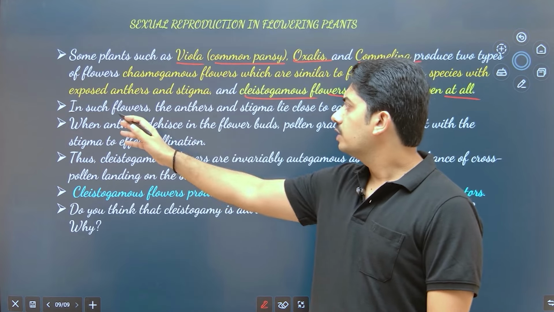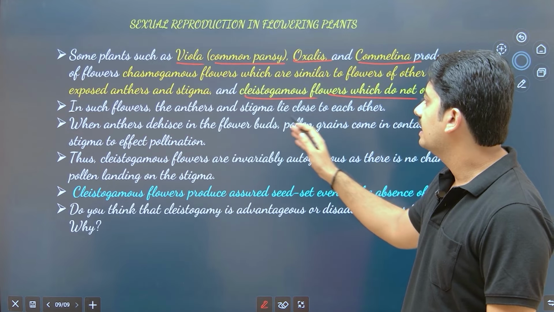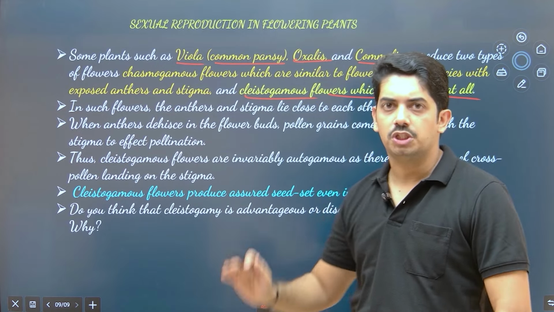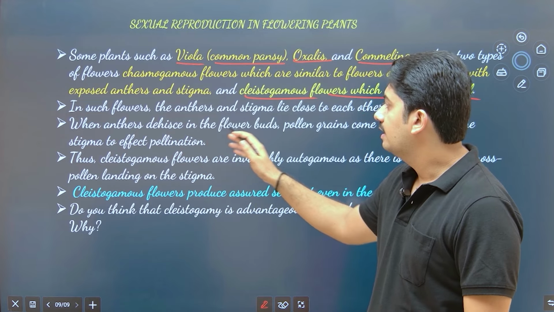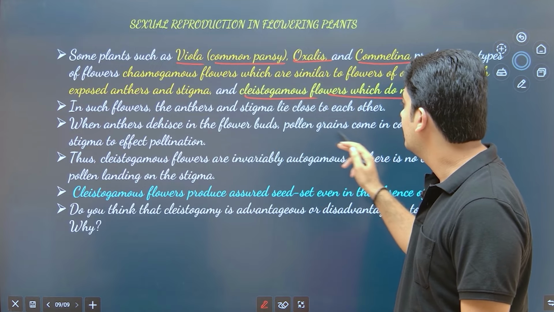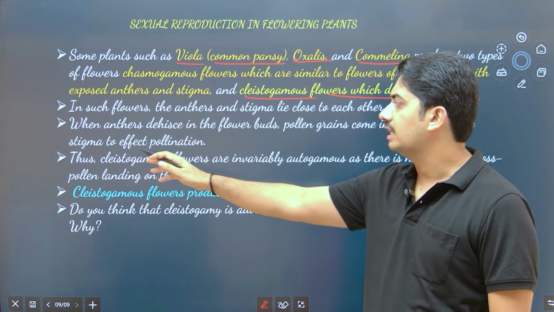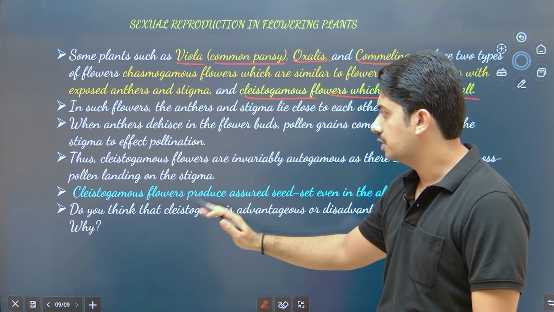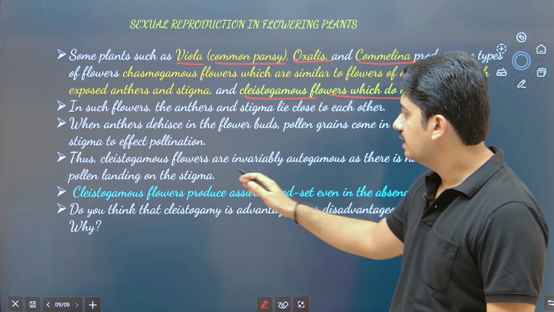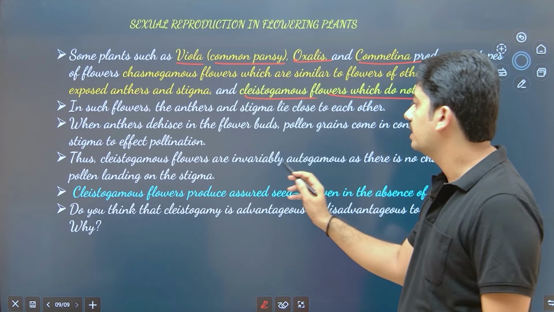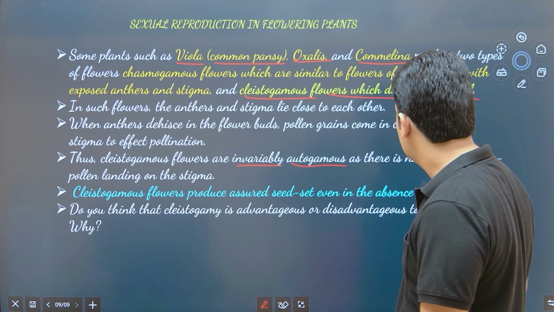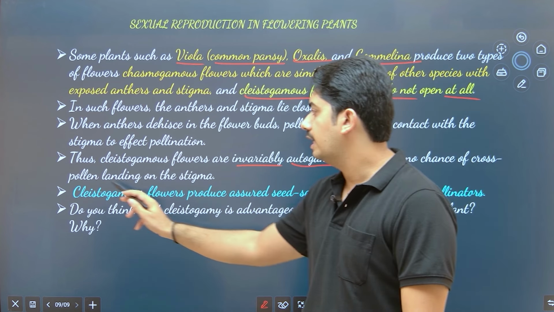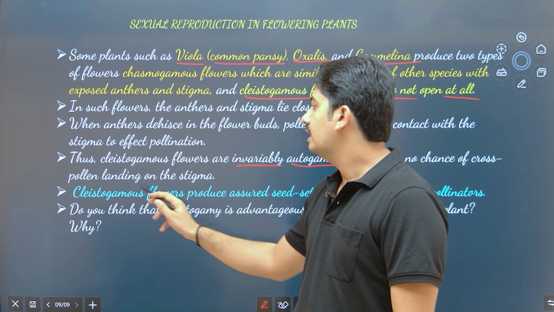So in such flowers the anther and stigma lie close to each other. When the anther dehisces in the flower, pollen grains come in contact with the stigma to effect the pollination. Thus, cleistogamous flowers are invariably autogamous. This is very important. Invariably autogamous, as there is no chance of pollen landing on another stigma.